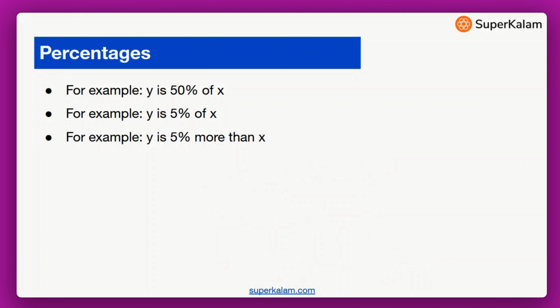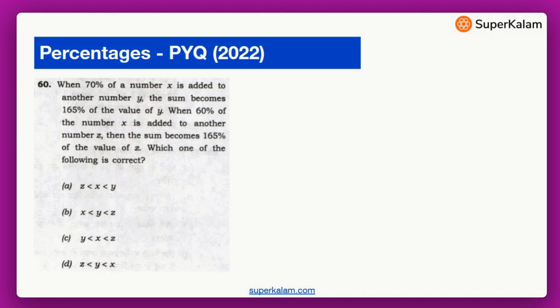Now let's look at questions of percentages. Let's look at this one which came in 2022. This is a fairly easy one. The first statement says that when 70% of a number x is added to another number y, the sum becomes 165% of the value of y.